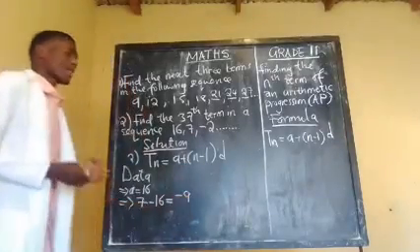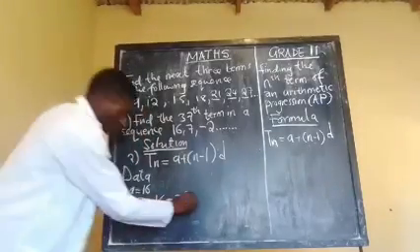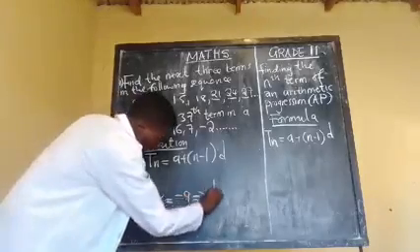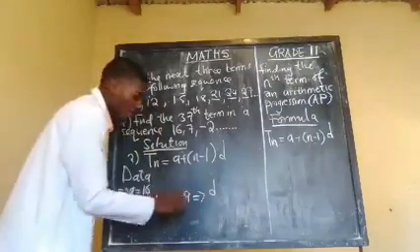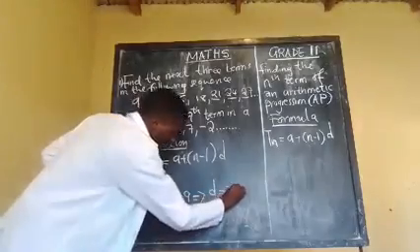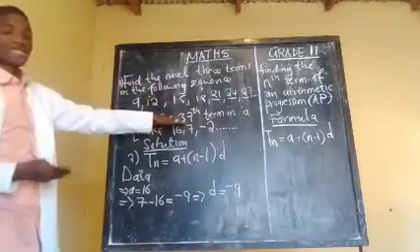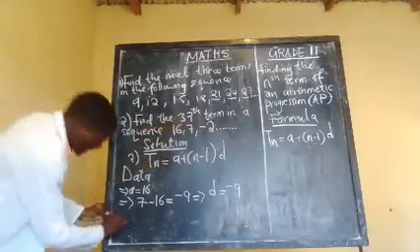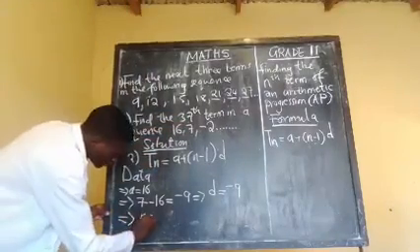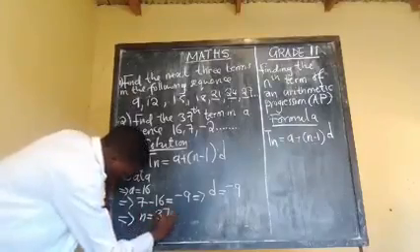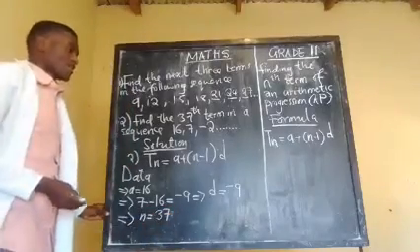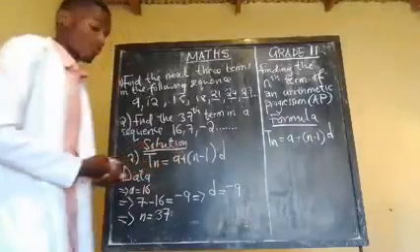This will be our common difference. So d is equal to negative 9. Since we know that we have to find the 37th term, automatically n will be equal to 37.